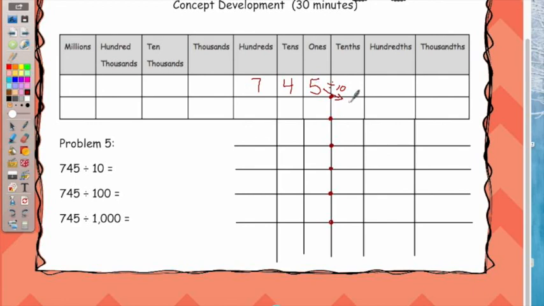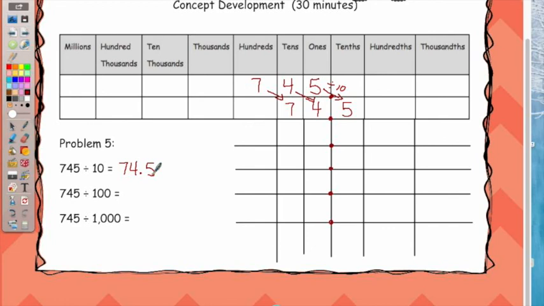So I move 1 place. Which way do I go when I divide? Right. To the right. You need 3 arrows, but you only have to write divided by 10 on the first one. So that gives me 74.5.